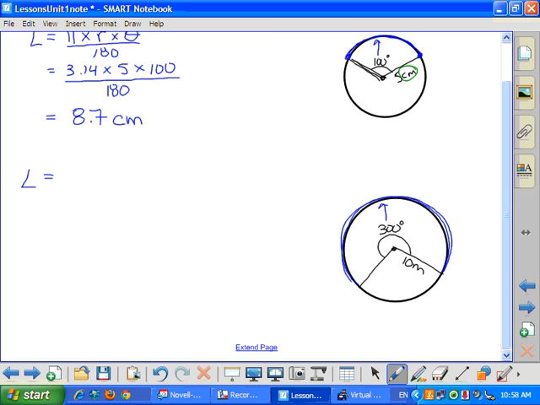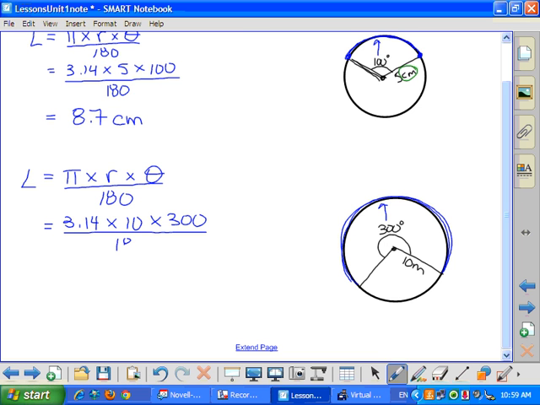So for my second example, pi times r times theta divided by 180. So it'd be 3.14 multiplied by the radius, which is 10, multiplied by 300 divided by 180.